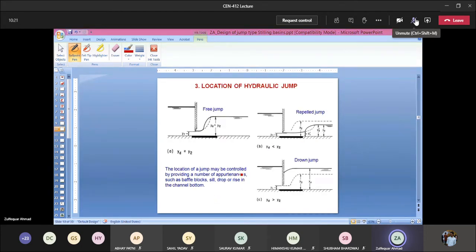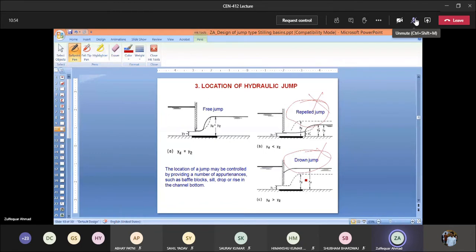Now the location of the hydraulic jump. This part also you have gone through in channel hydraulics. The only thing that I want to tell you is that from the design of the hydraulic structure point of view, you should have the jump just downstream of the structure. The jump should not be repelled, and it should not be drowned. These are not desirable jumps, because if the jump is repelled, that is, it goes downstream, in that case it will erode the bed and the banks.